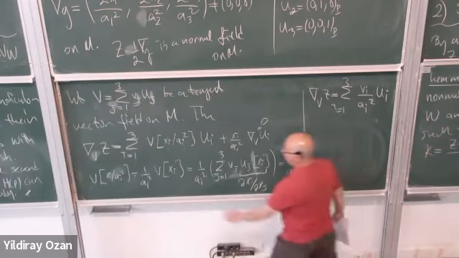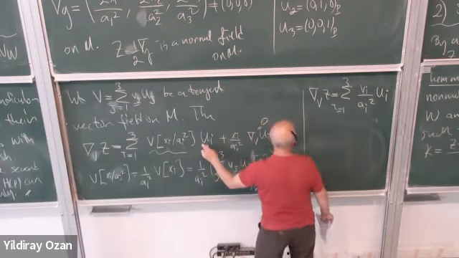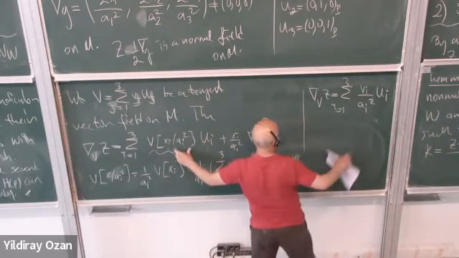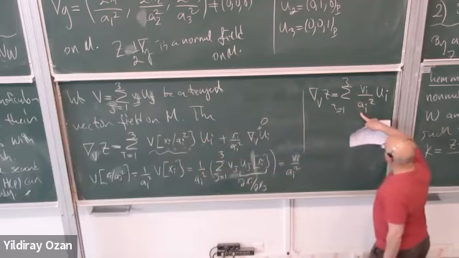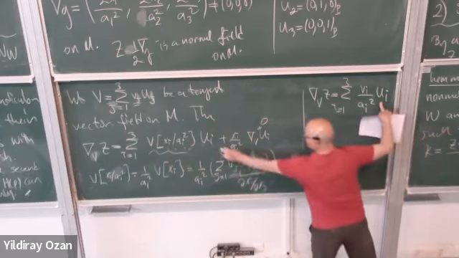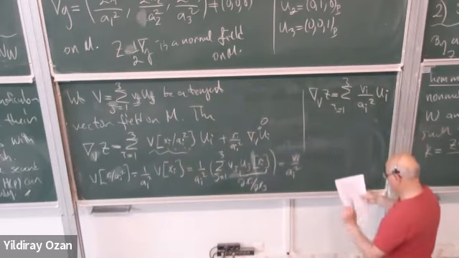Right? I have computed this times u_i. This gadget is just v_i divided by a_i squared times u_i. All right.